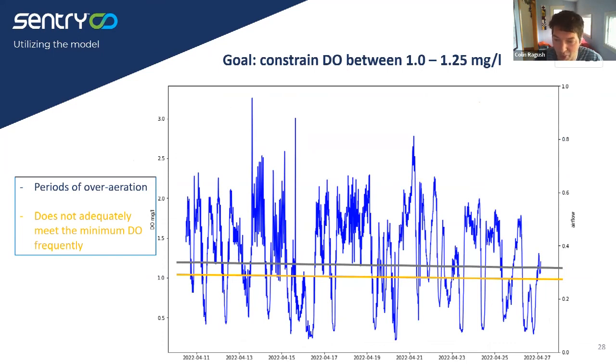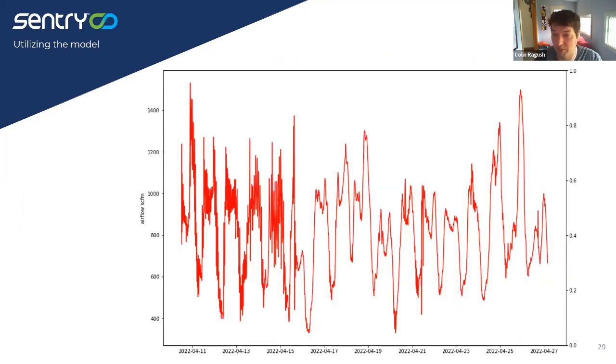Obviously, anything below 1 is kind of concerning because they're worried about incompliance or problems because they don't have enough dissolved oxygen to remove all the organic carbon or other substances. And anything above 1.25 is really over aeration, so there's an opportunity for cost savings. So this is what the aeration looked like before at the start of this study, and I'll show you what we project or suggest the aeration should be by modeling it.